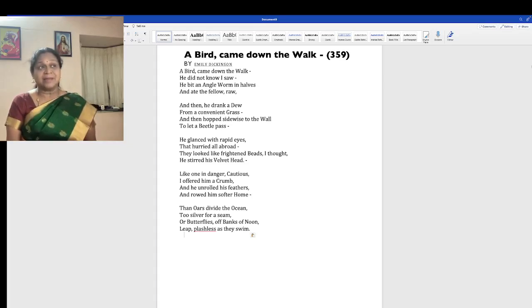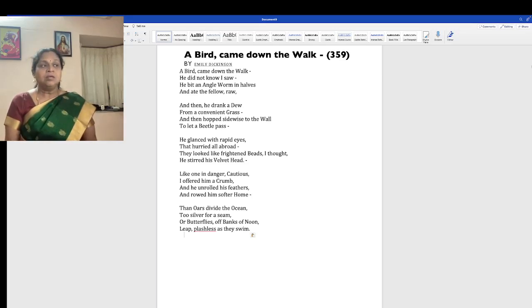And at the same time, when the poet in the third stanza talks to us about the velvet head and the beady eyes, it's a little beautiful. So the frightening side and the beautiful side both are juxtaposed here. Rather, beauty is juxtaposed with brutality.